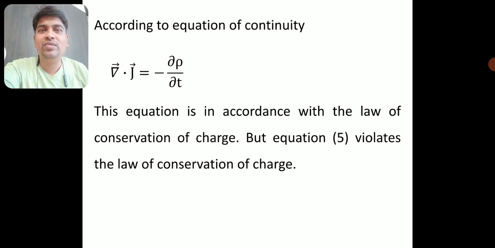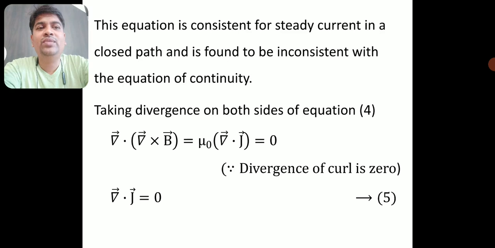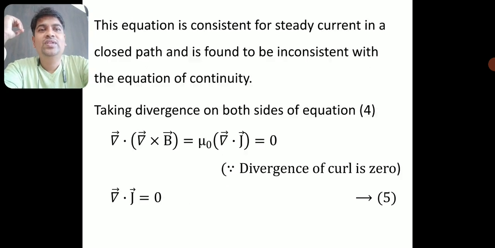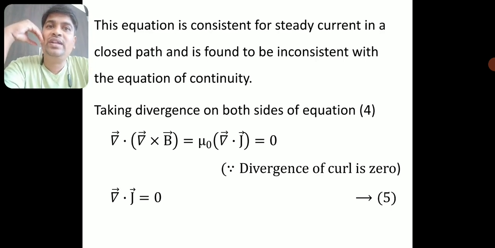But where are we going wrong? There is something wrong in equation number 5. Div dot J cannot be 0. If we go back, there is something wrong in equation 4, because equation 4 is not consistent with the equation of continuity.